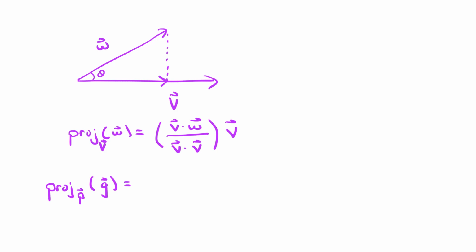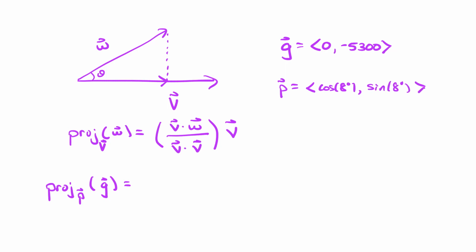Our gravity vector is going to be 0 and negative 5,300 pounds, for the car exerting a force straight down. Our vector P, remember, was already a unit vector: cosine of 8 degrees, sine of 8 degrees.